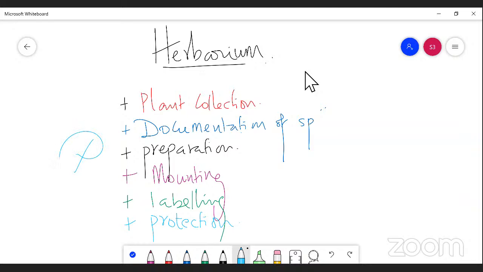So these are all the steps involved in the preparation of a herbarium, right? Dear students, if you want to prepare a herbarium from any plant, you have to follow some steps. What are the steps? Let me once again indicate. The first one is plant collection.